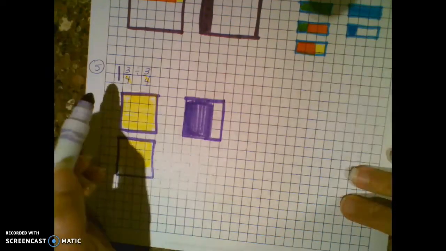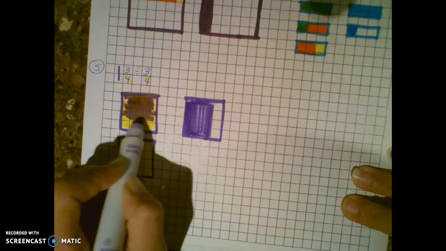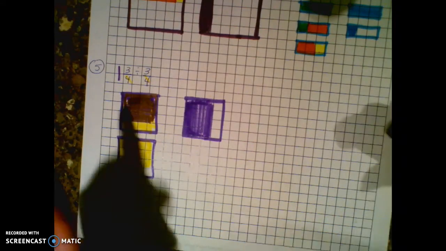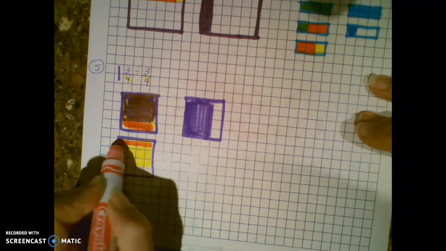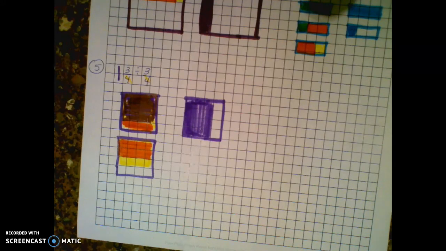So I want to know how many times I can put 12 pieces in. So I can go in once, there's 12 pieces, twice, and then 4 out of the 12 I need to do the next one.